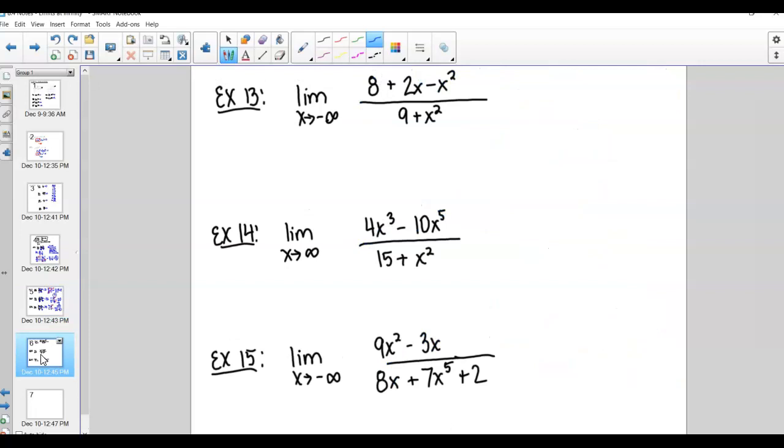So, for example 13, this time we're approaching negative infinity. But as we approach negative infinity, the same thing is going to happen in dealing with that positive or negative.